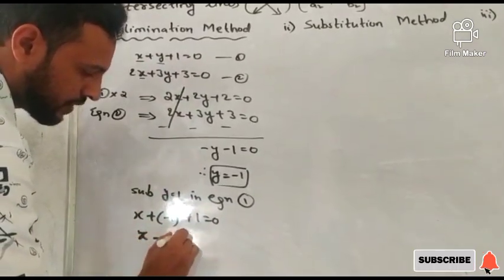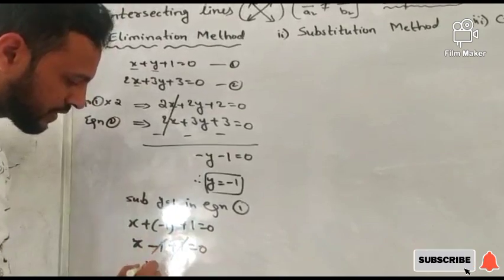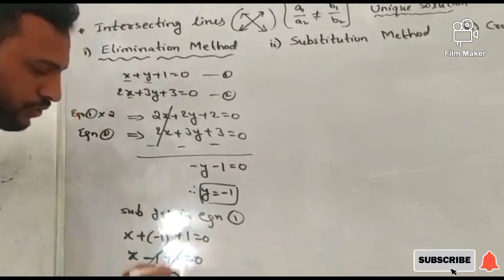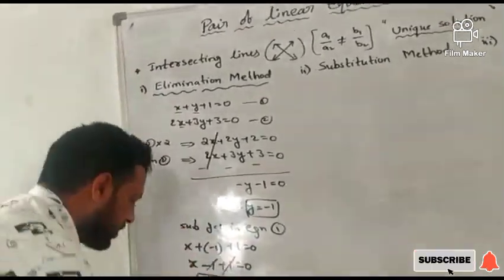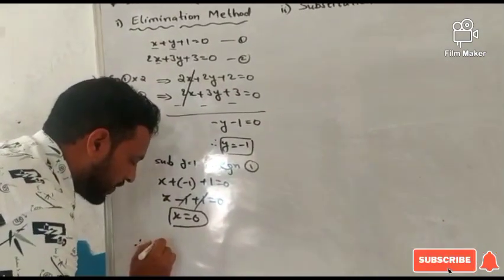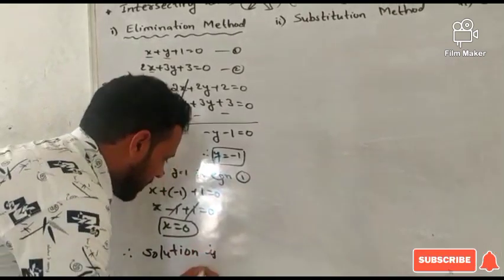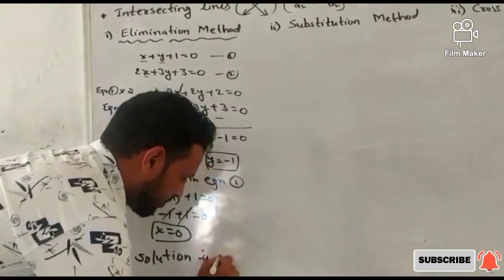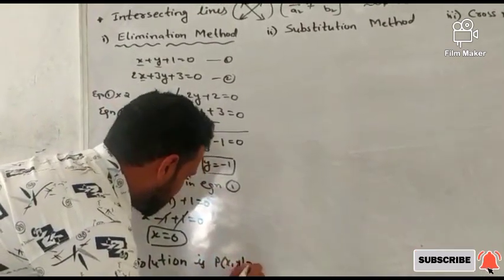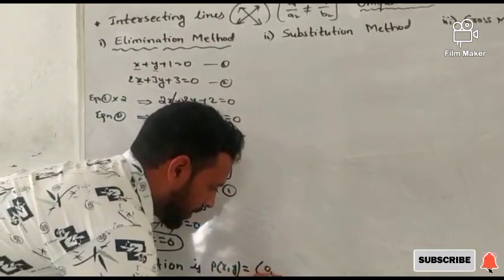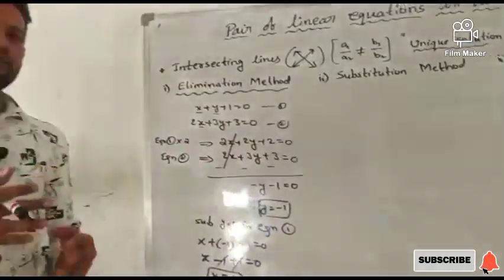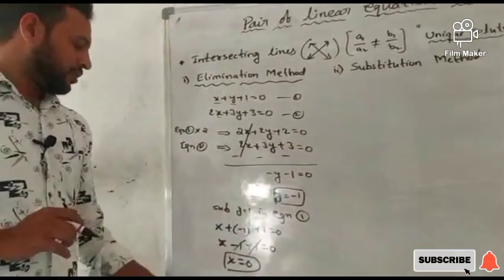So x minus 1 plus 1 equals 0, the plus 1 and minus 1 cancel, x equals 0. So the point of intersection and the solution are the same. The solution is (x, y) equals (0, minus 1). The solution is also called the intersecting point.